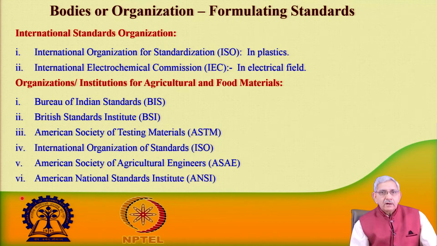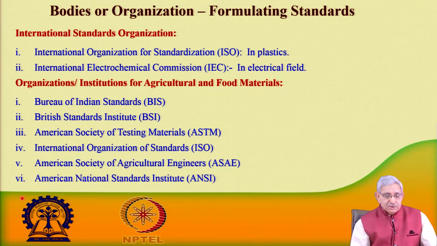There are several organizations available in the world. These organizations formulate the guidelines for a particular type of material. With respect to micro irrigation and sprinkler irrigation systems, there are different agencies for the different components.